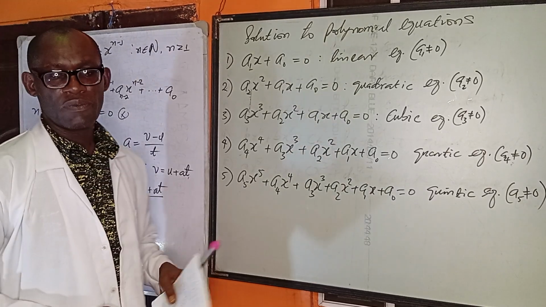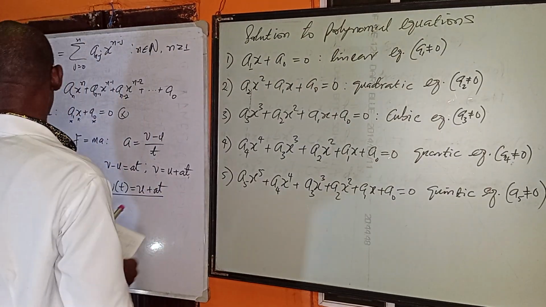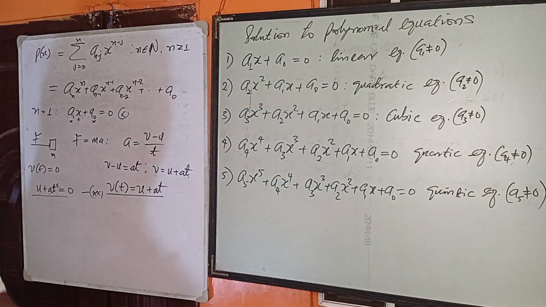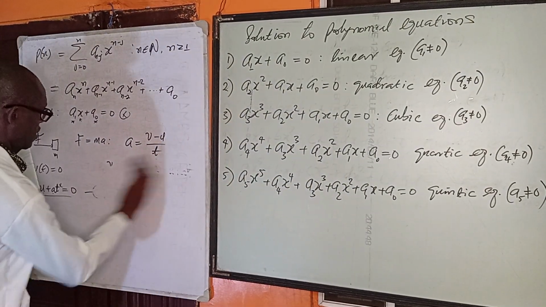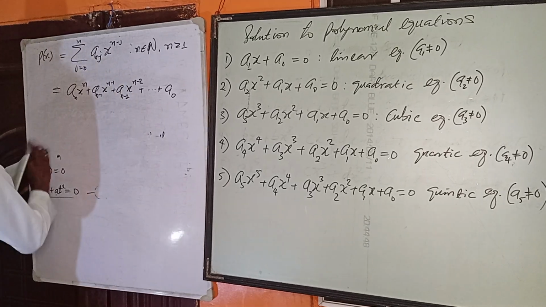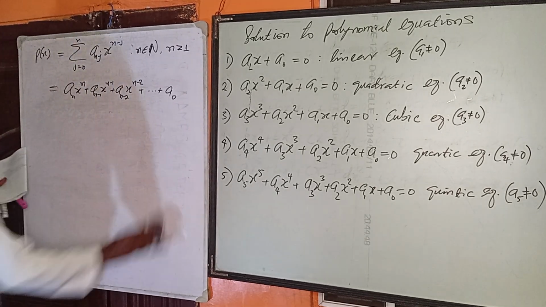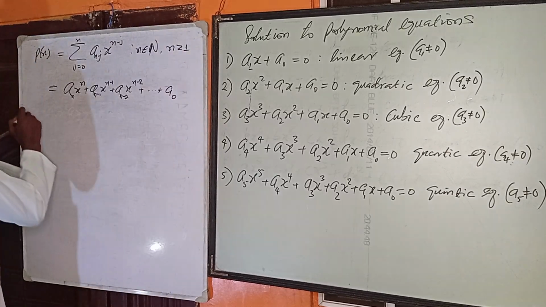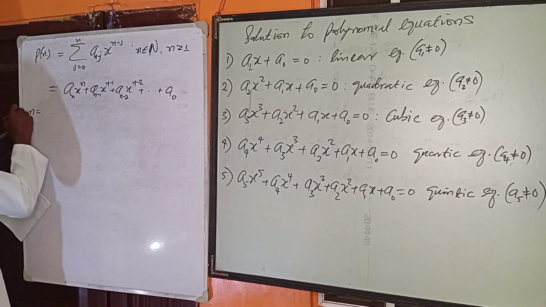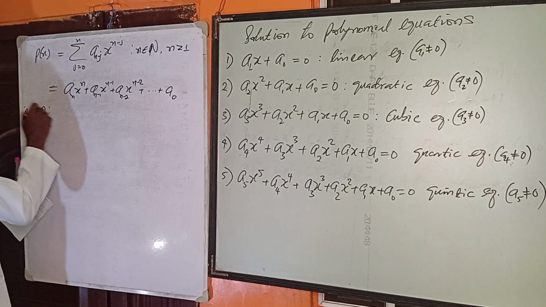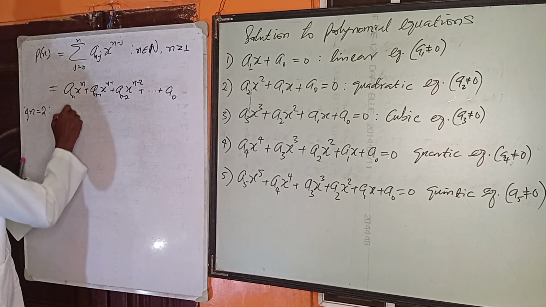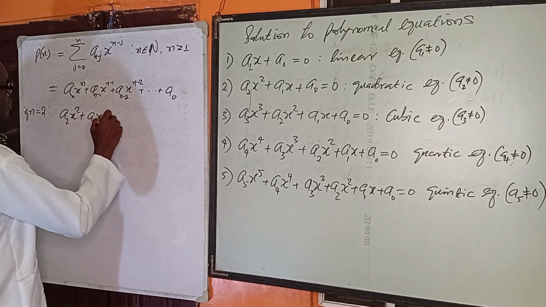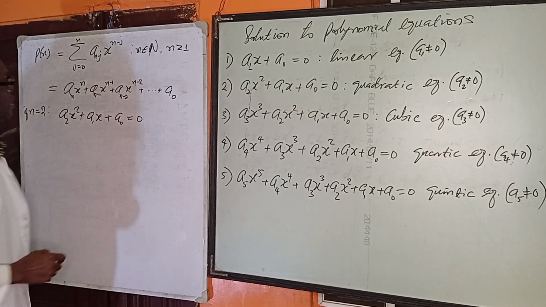Now we look at the case of equation of degree 2, which is known as quadratic equation. Now, if n is equal to 2, we'll have a2x squared plus a sub 1 x plus a0 equals to 0.